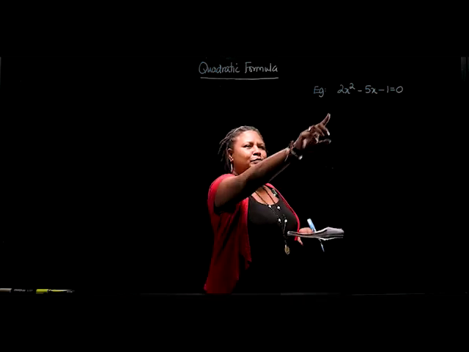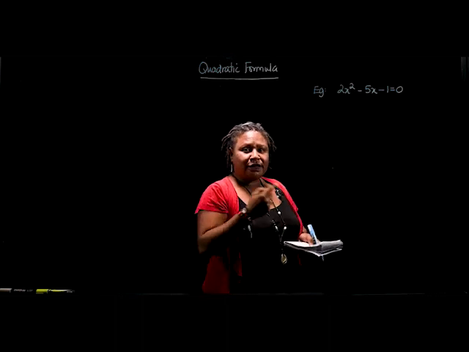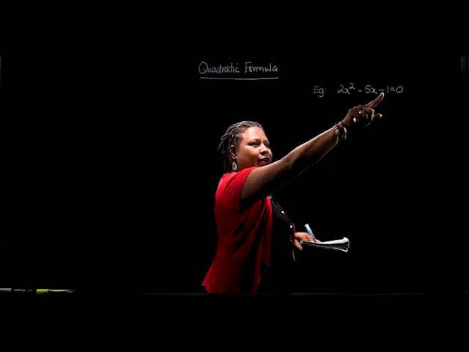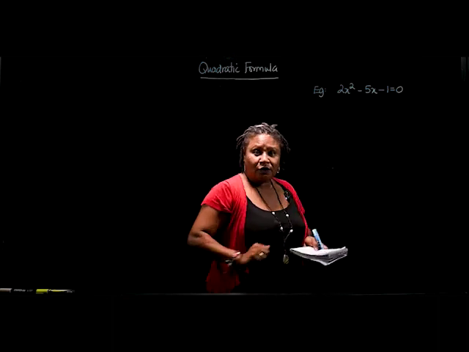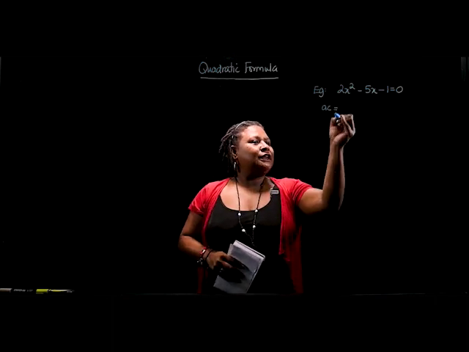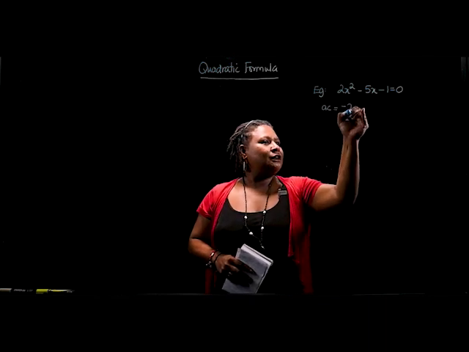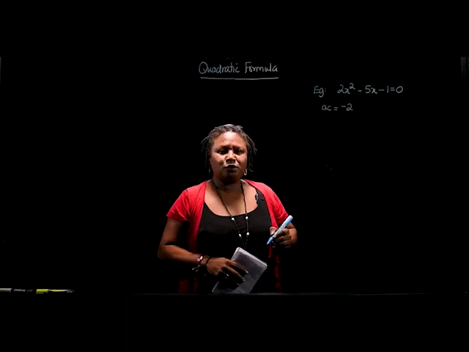Remember, where the coefficient of x squared is greater than 1, we multiply it by the constant. That's AC. So 2 times negative 1 gives us negative 2.